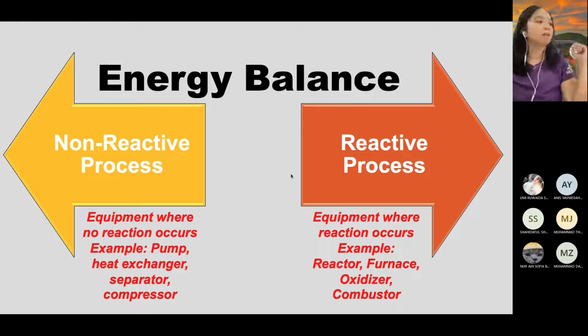If you're talking about distillation column, pump, heat exchanger, separator, compressor, this is non-reactive process. The calculations are completely different, similar to mass balance. Pengiraan dia jauh berlainan in comparison bila kamu nak buat reactive dengan non-reactive. So make sure you check first. Are you doing reactive or non-reactive process?